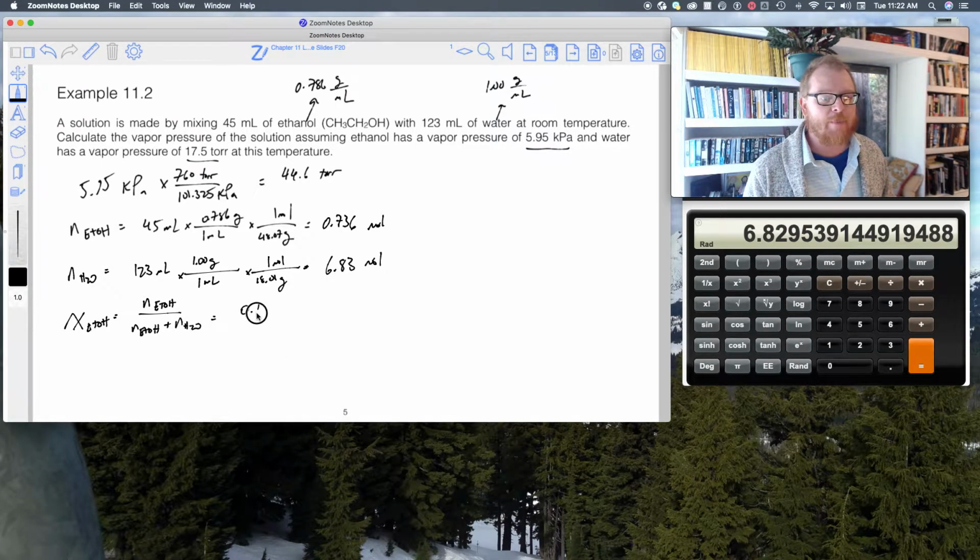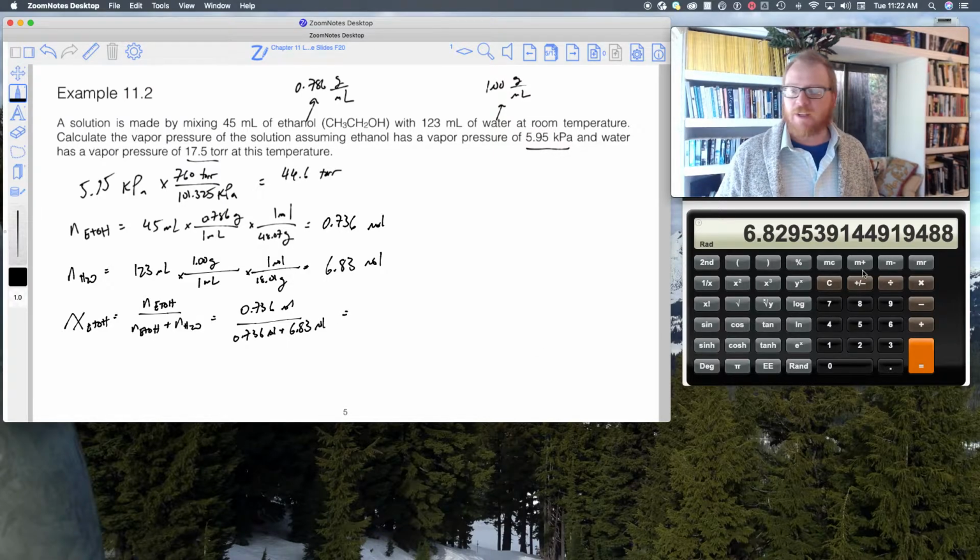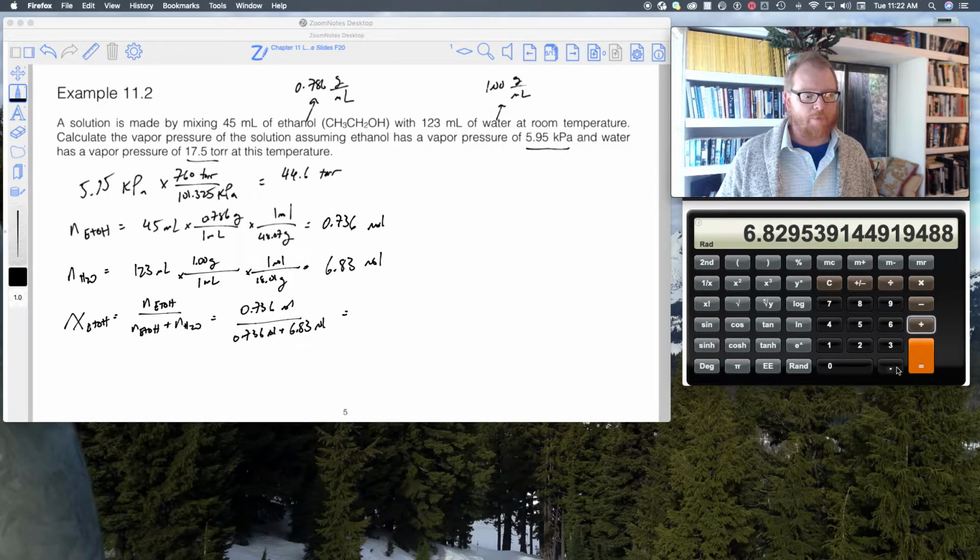And so that's going to be 0.736 mole divided by 0.736 mole plus 6.83 mole.